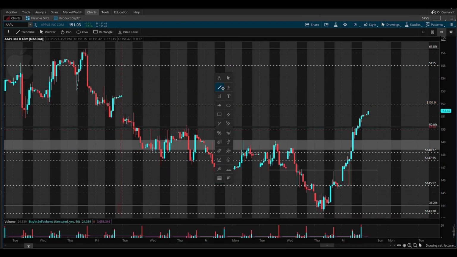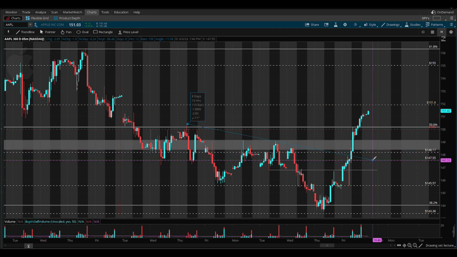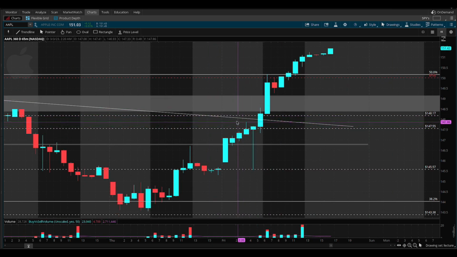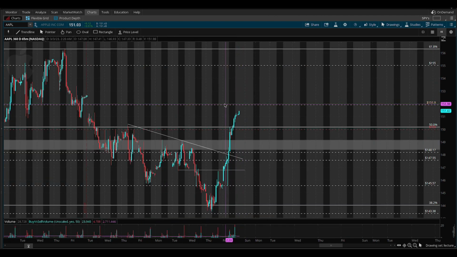But Apple did break a pretty serious downtrend, and it was on Friday. Friday was probably the easiest day for every trader, because everything got broken. We essentially stopped creating lower highs, and we just majorly broke a nice zone and started creating some higher highs.